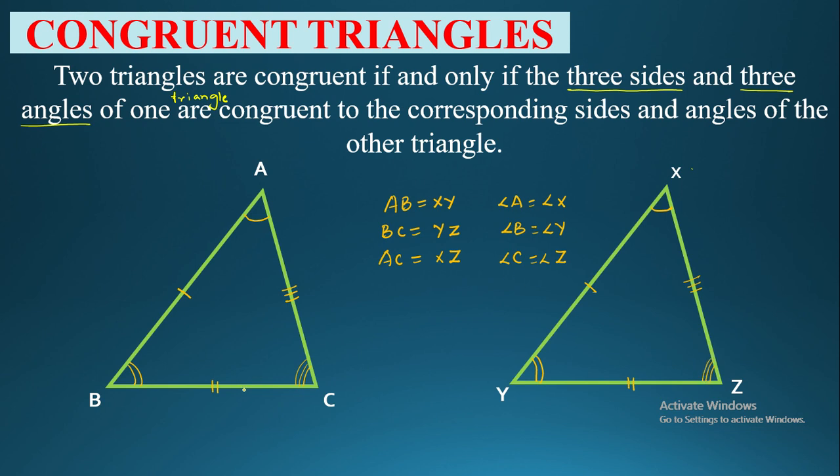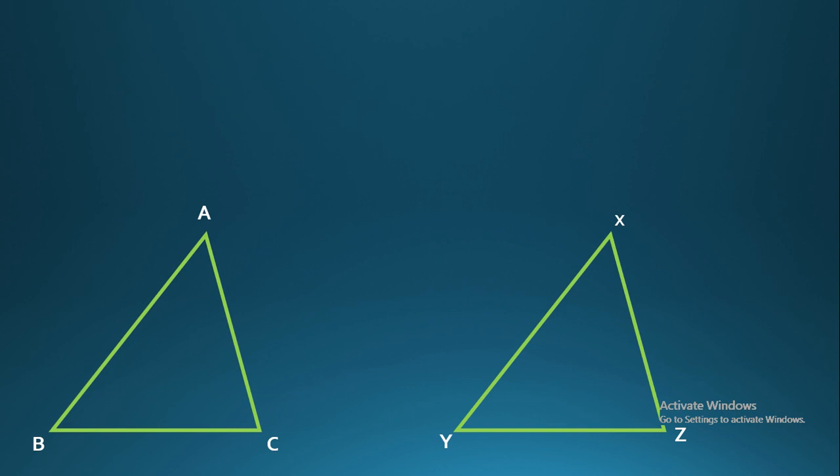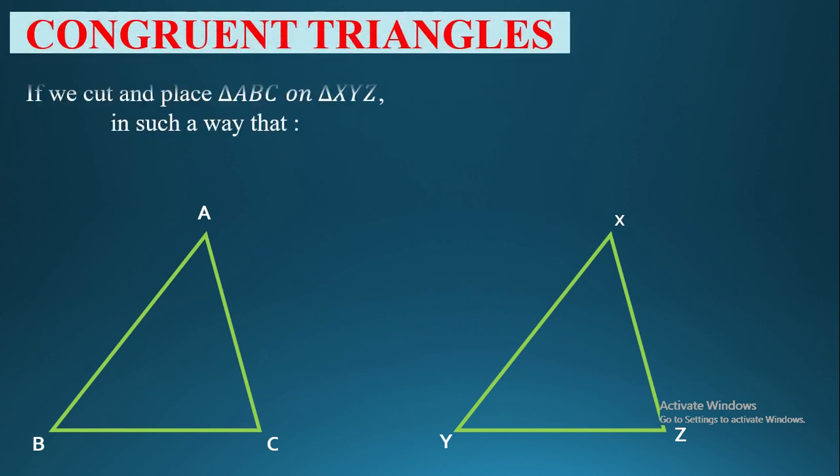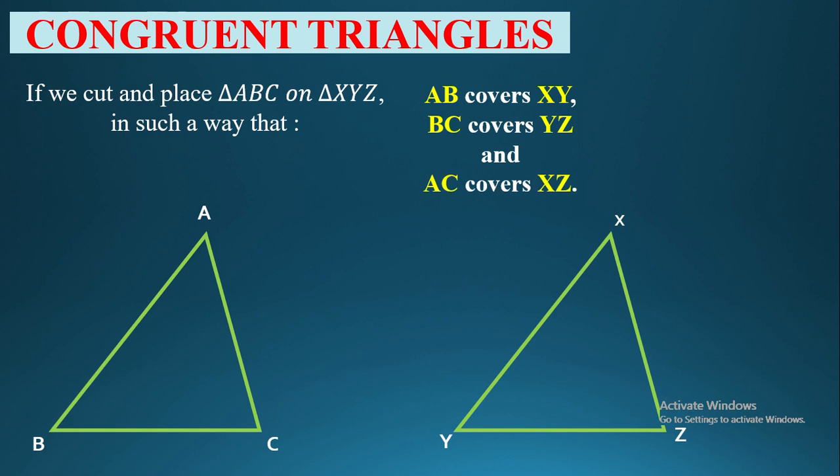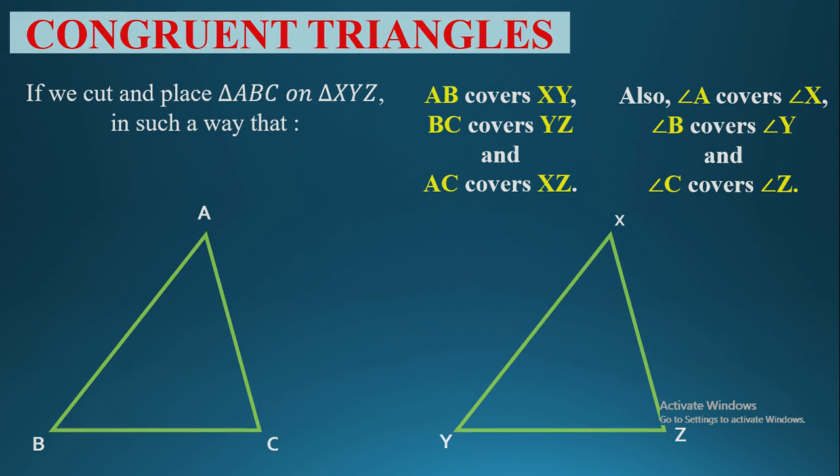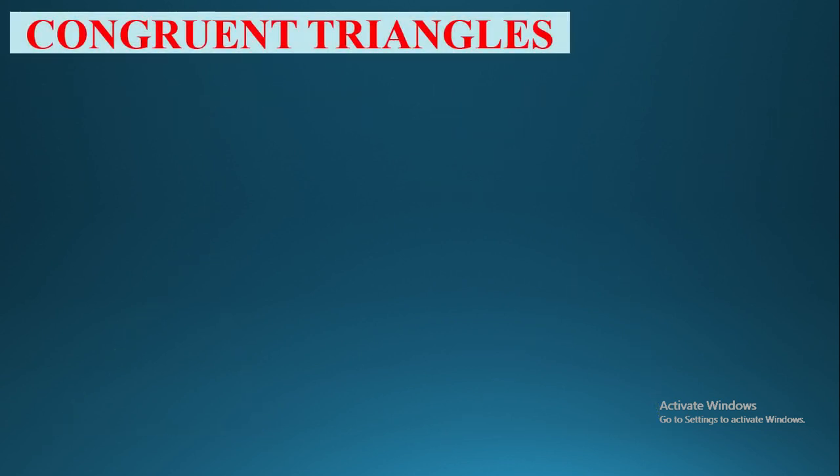Or we can say, if we cut this triangle ABC and place it over XYZ in such a way that AB covers XY, BC covers YZ, and AC covers XZ. Also, angle A covers angle X, angle B covers angle Y, and angle C covers angle Z. Then we can say the two triangles are congruent.